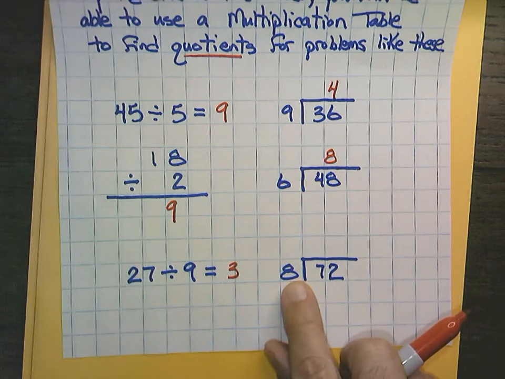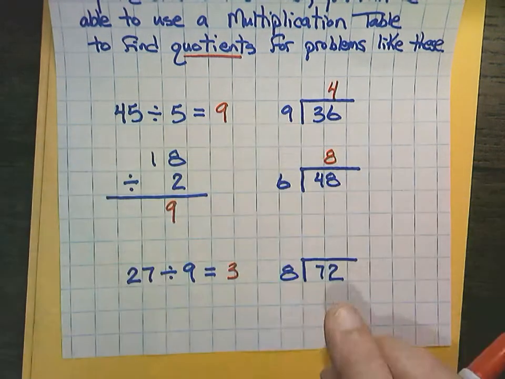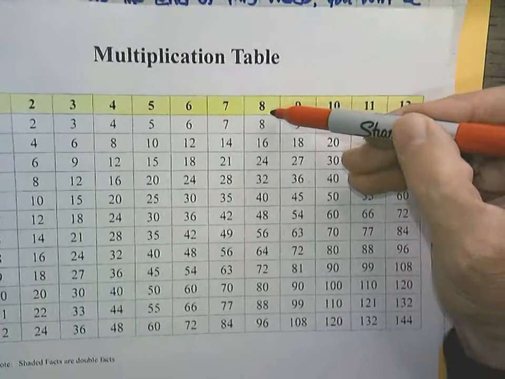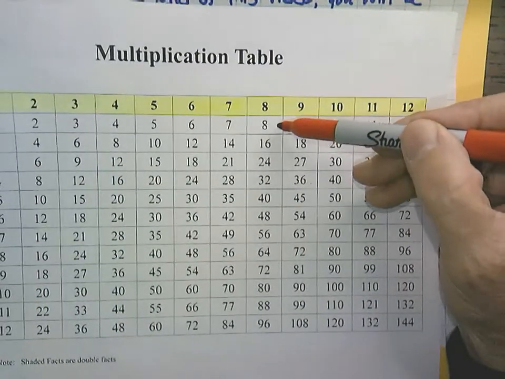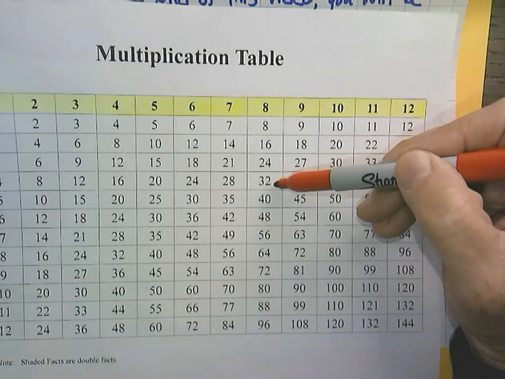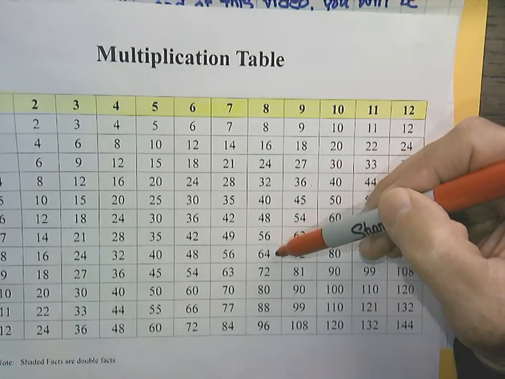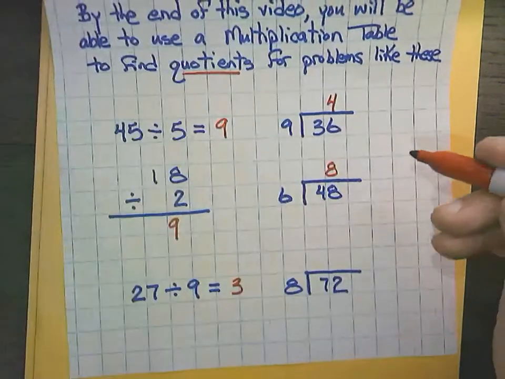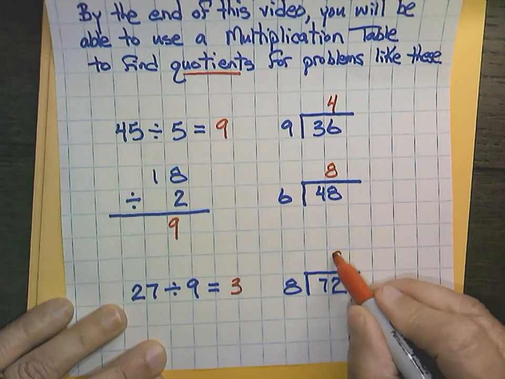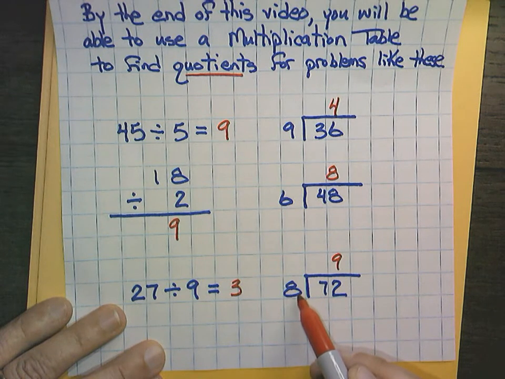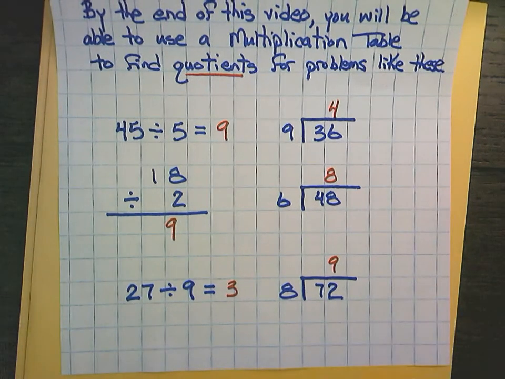So we're going to go to the factor of 8, or in this case, it would be a divisor of 8, and count down to 72. 1, 2, 3, 4, 5, 6, 7, 8, 9. So in other words, 72 divided by 8 is equal to 9.